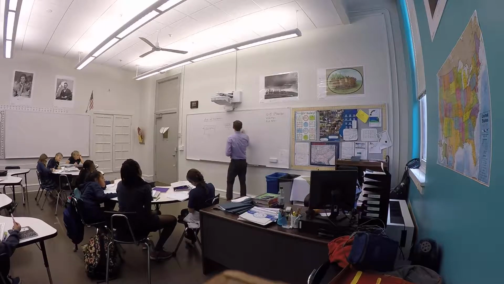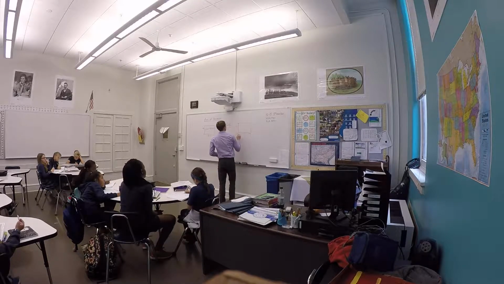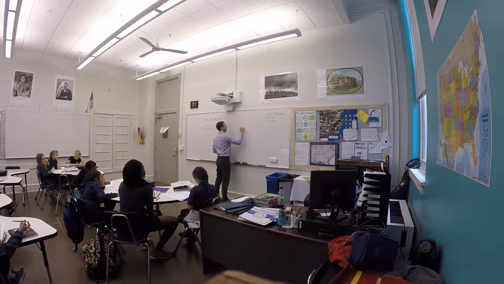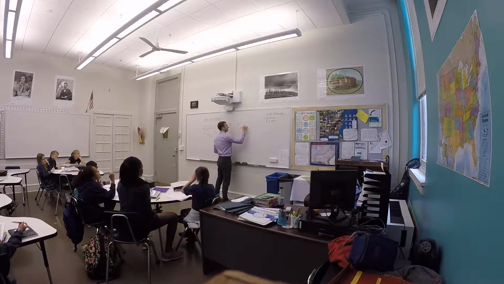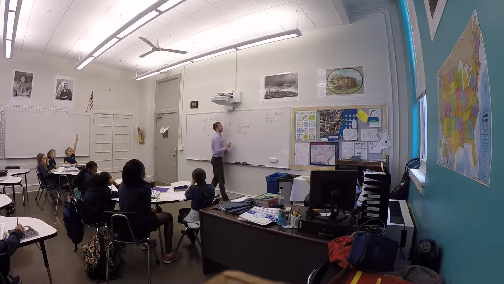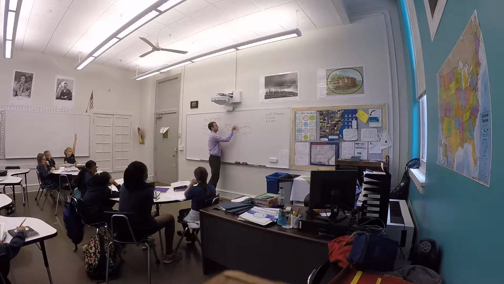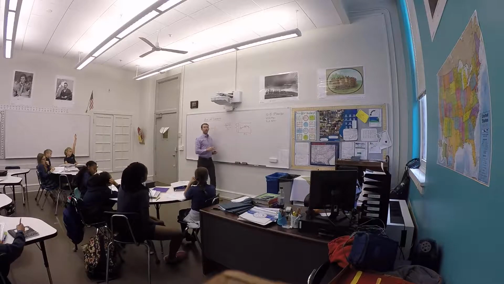But what if I were to give you a problem like this, and I were to tell you that the area is 150 square inches, and that this side is 15 inches, and I want to find out what this is?